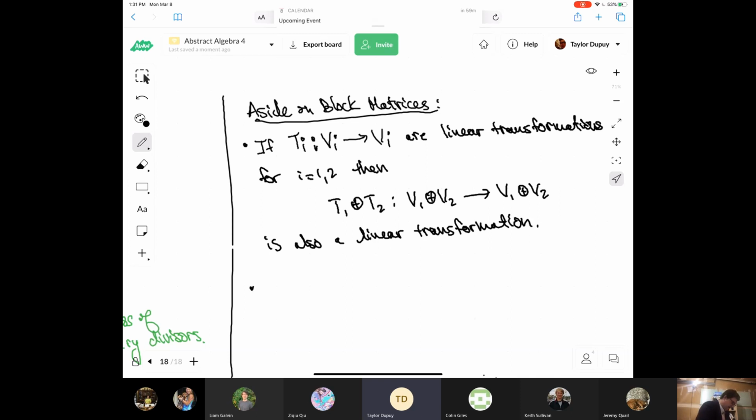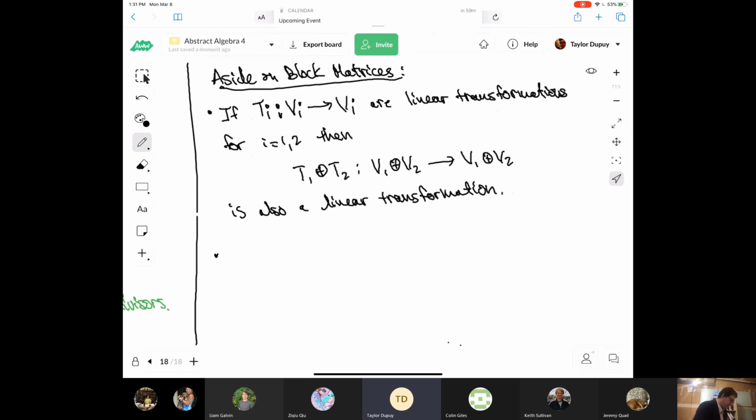Okay, so what I want, these are going to be two blocks.